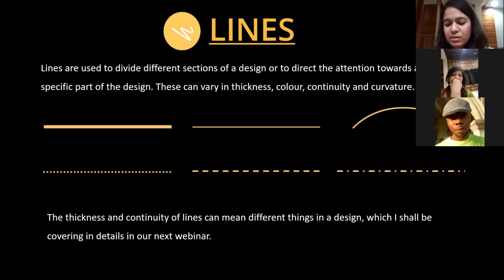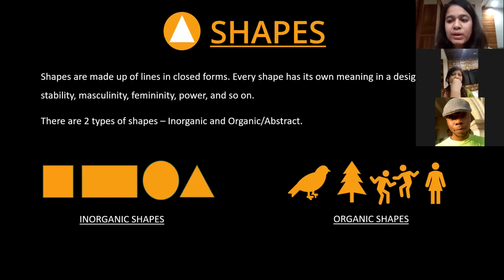Coming to the second element, which is shapes. Shapes are made up of lines in closed forms. So when you join around three straight lines, you know that you will form a triangle. And similarly, different shapes are created just by joining different kinds of lines together in a closed way.